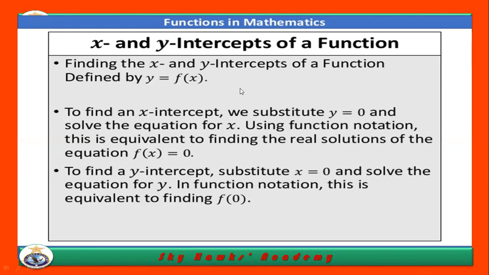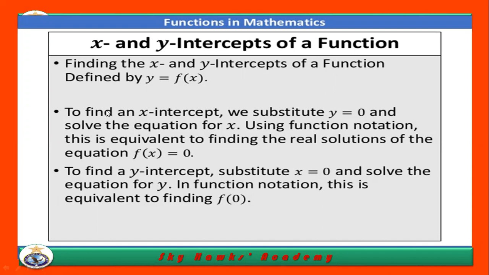Sometimes the function is given in graphical form, which is used over there on the Delta Math site, or it can be given in the shape of an equation, and you are asked to find the y and x intercept.